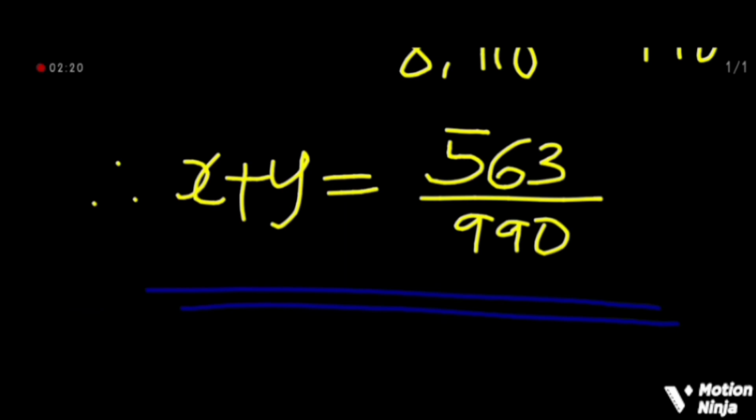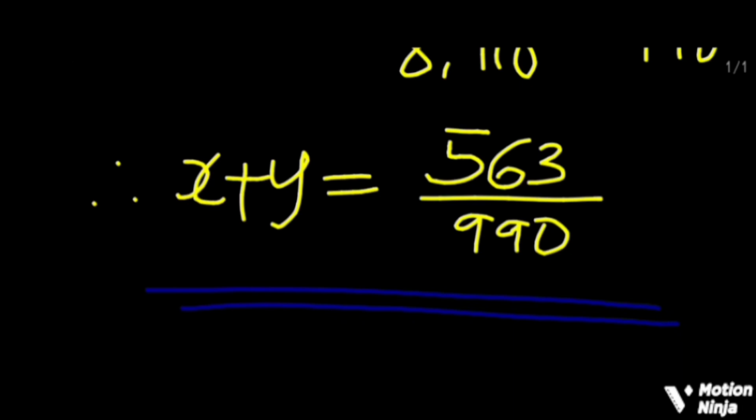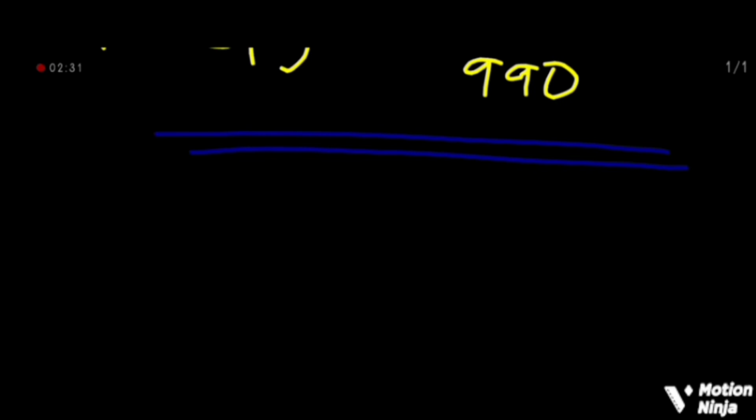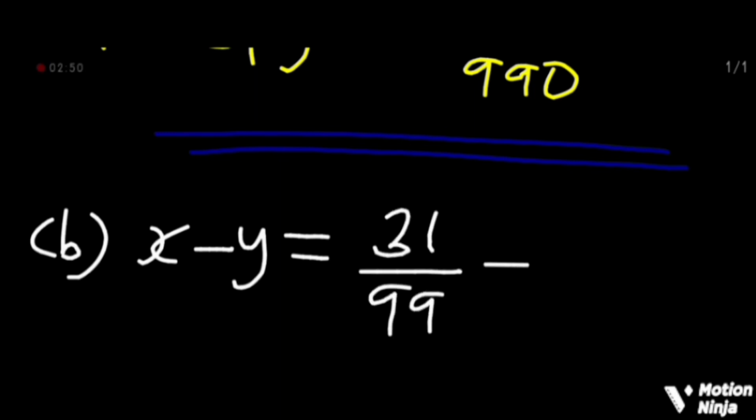Let us go to the second part, where we were told to subtract. x minus y will be equal to, we remember our x is 31 over 99 minus y is 23 over 90.